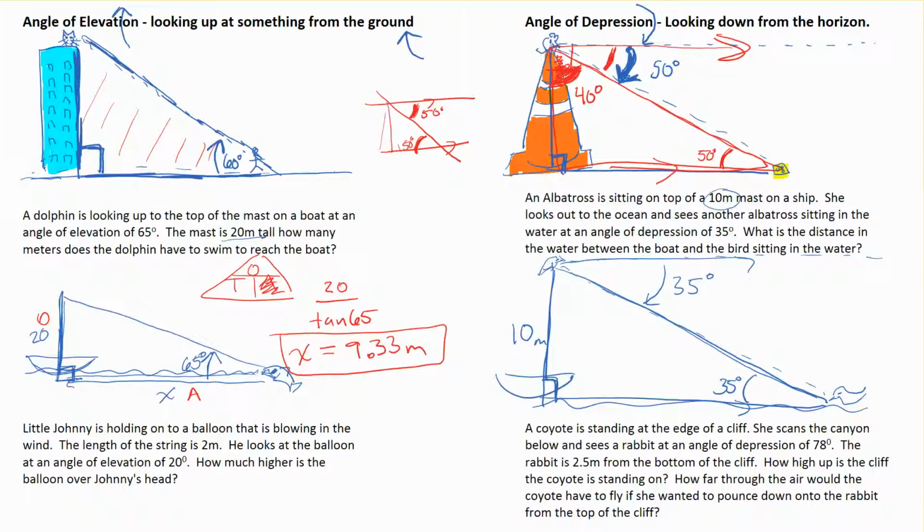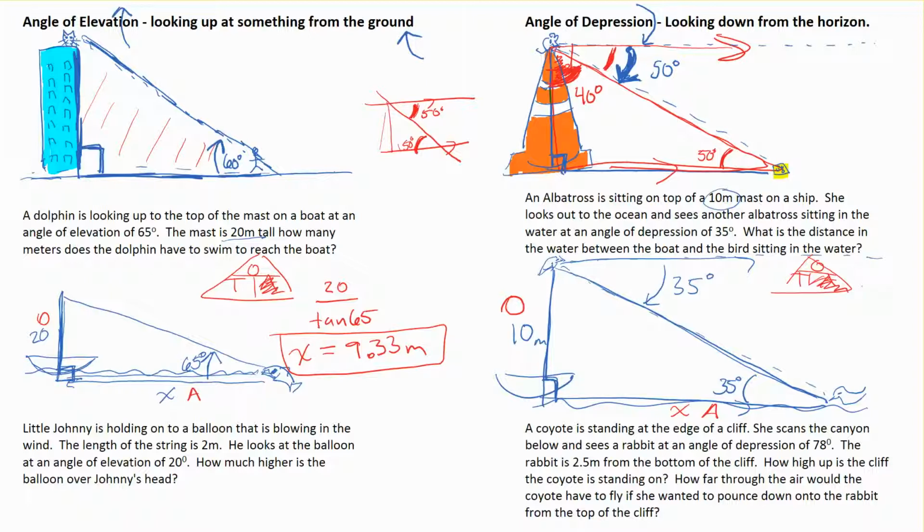So again, let's figure out what we've got. In this case, we again have our opposite side. And we're asking, what is the distance in the water between the boat and the bird sitting in the water? So we're looking at this distance here, which is the adjacent. So again, we will use TOA. And again, we are looking for the adjacent.